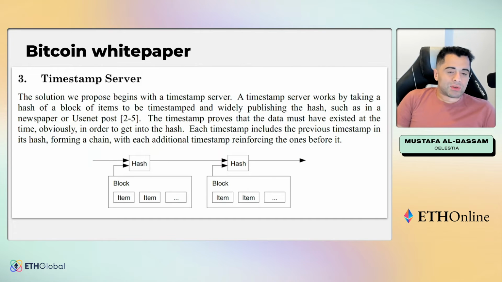And this is actually very similar to what the Bitcoin white paper proposed as the central component that makes Bitcoin possible, this idea of a timestamping server. Like this idea where you can just take a hash of a block of items to be timestamped and widely publish the hash. That's the main core aspect of the blockchain.